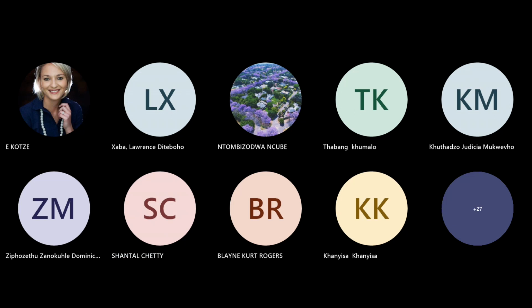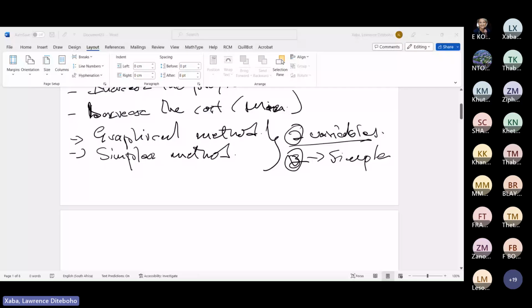Where was I? Okay. I was still explaining the two methods that you find under linear programming that we can use to solve any given linear programming problem. I said we have the graphical method, which we can only apply when we have two variables.